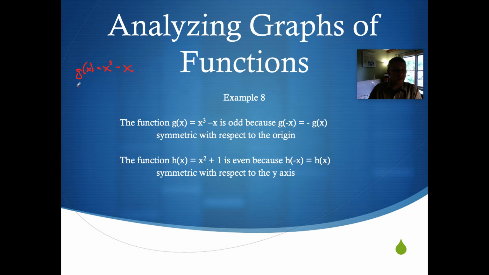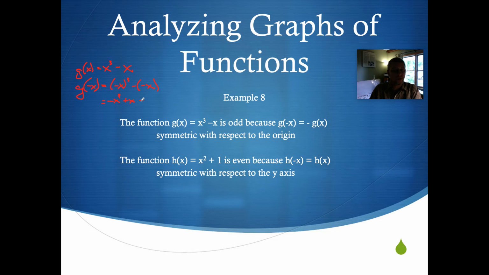So g of negative x is going to equal negative x cubed minus negative x. Now, negative x cubed is equivalent to negative x cubed, and minus negative x is plus x.